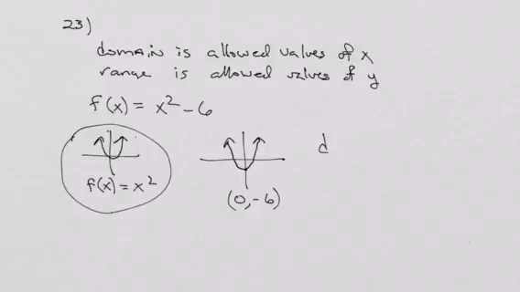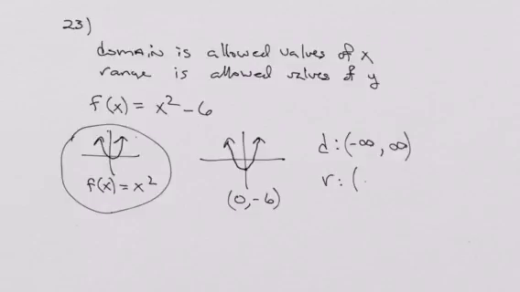What's the domain of this function? We can plug into it any value of x, all the way from negative infinity to positive infinity. What about the range? Well, the range is the values of y we can get. We can't get any values of y below negative 6.